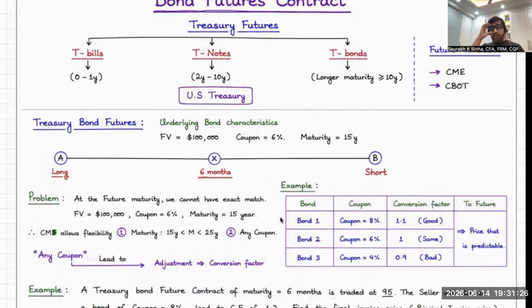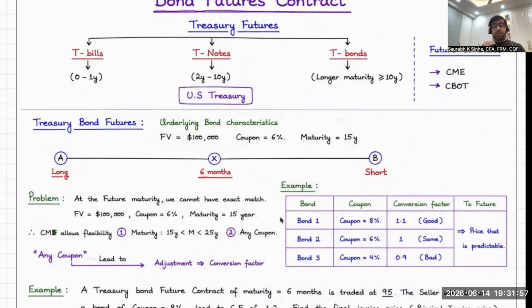So there is a future contract between two parties A and B, where A is long and B is short, and they are trading the future contract on an underlying asset. That underlying asset is a bond which has the following characteristics. The face value is $100,000, coupon 6%, and maturity exactly equal to 15 year.